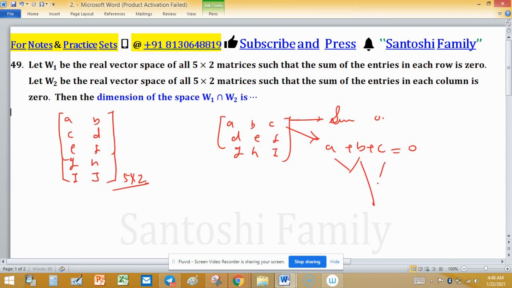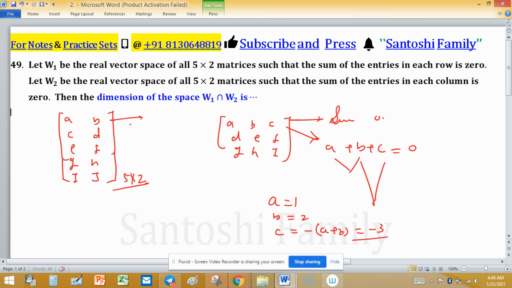If you choose A and B, then C will be the additive inverse of their sum. Suppose A equals 1, B equals 2, then C equals minus of A plus B, which is minus 3. So you are independent in only two entries here, and the other will be dependent. Similarly for either W1 or W2.